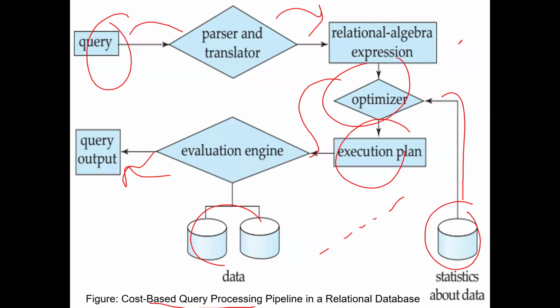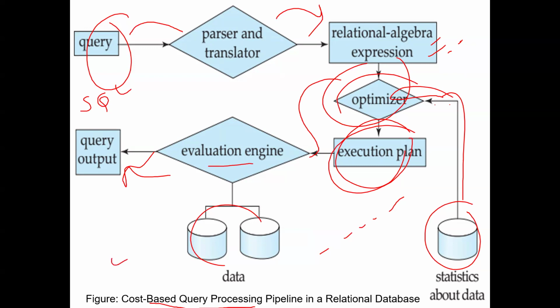Okay, and this is exactly what we did in the previous example. We were given the SQL query, and then we created relational algebra, and then we checked their cost, and we selected the best one to execute. So all this is done automatically by the evaluation engine inside the RDBMS.